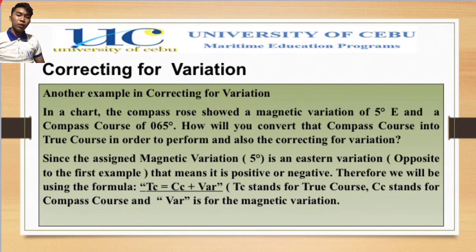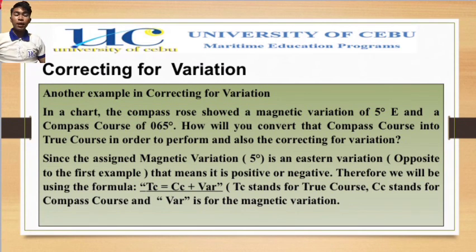In addition, I will be giving another example in correcting for variation. So here's the example. In a chart, the compass rose showed a magnetic variation of 5 degrees east and a compass course of 65 degrees. How will you convert that compass course into a true course in order to perform the correcting for variation?